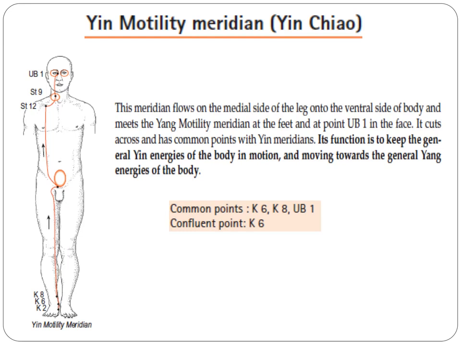Its function is to keep the general yin energies of the body in motion and moving towards the general Yang energies of the body. Among the common points here are kidney 6, kidney 8, bladder 1, and the confluent point is kidney 6.